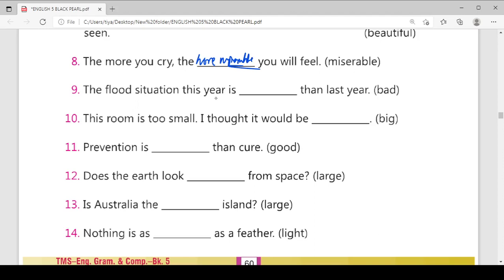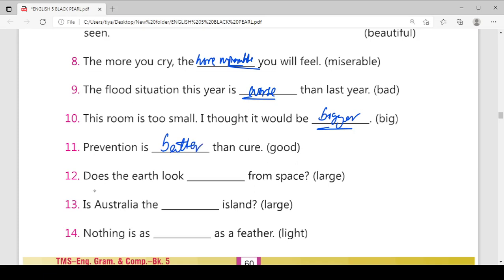The flood situation this year is worse than last year. Why are we using this comparative degree? Because here than is used, and whenever than is used it is always preceded by the comparative degree. Okay, this room is too small. I thought it would be bigger. Okay, prevention is better than cure.